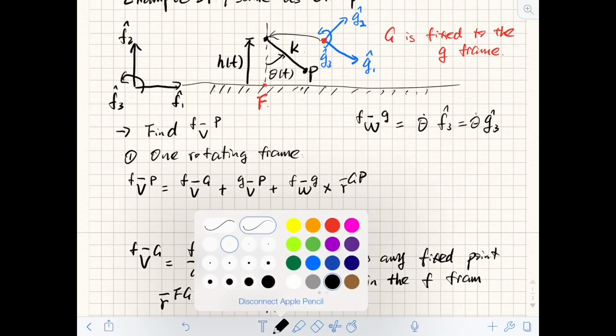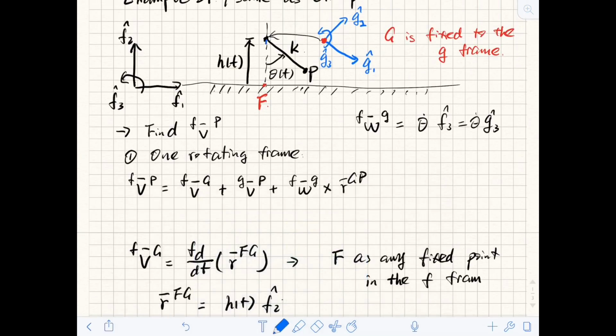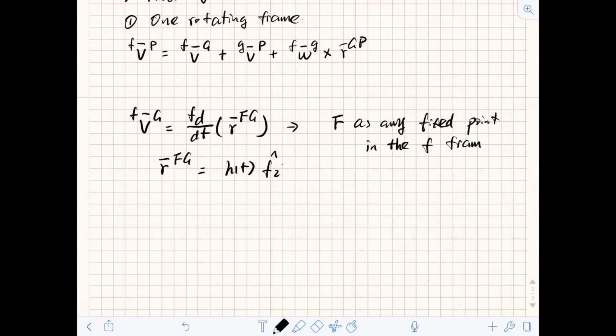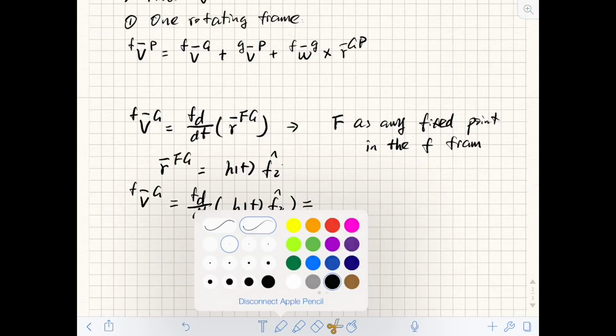Notice that this is the vector RFG. Now we have the velocity of the point G in F as h dot t F2, since these two are the same.